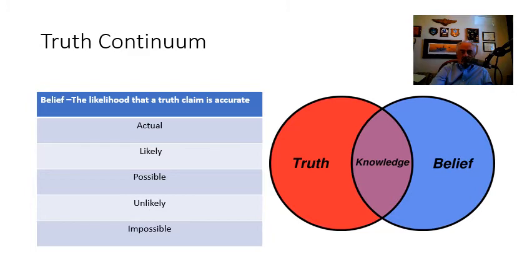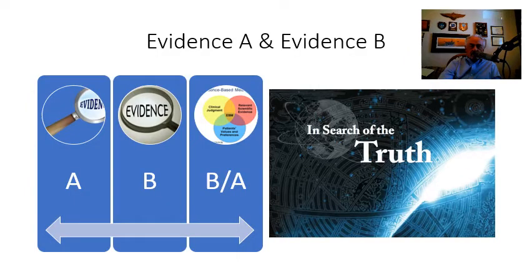That's the truth continuum, which is a major part of the truth algorithm. Again, evidence A and B. They're looked at independently and then they're looked at together, where we examine things that have come together. Given that event B has occurred along with event A, what is that reality?